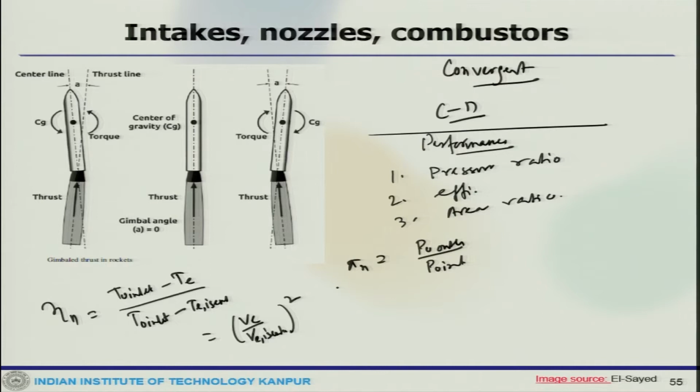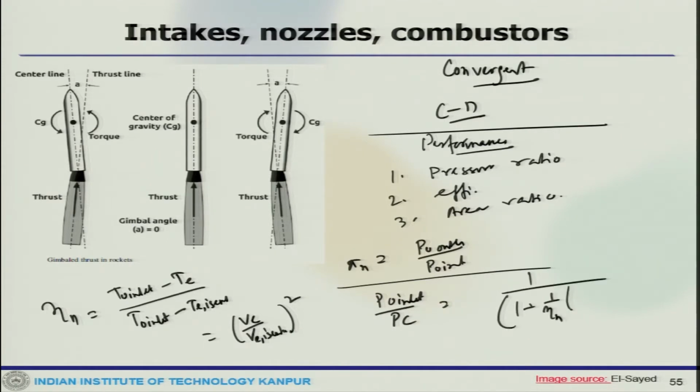If the nozzle is choked, the choked nozzle is checked by calculating the critical pressure ratio, 1 by (1 minus 1 by eta n, gamma minus 1 by gamma plus 1) to the power gamma by gamma minus 1.